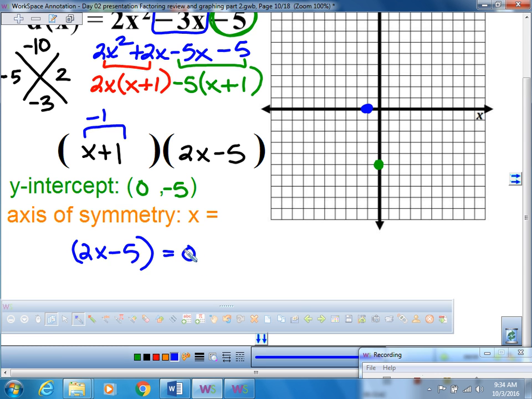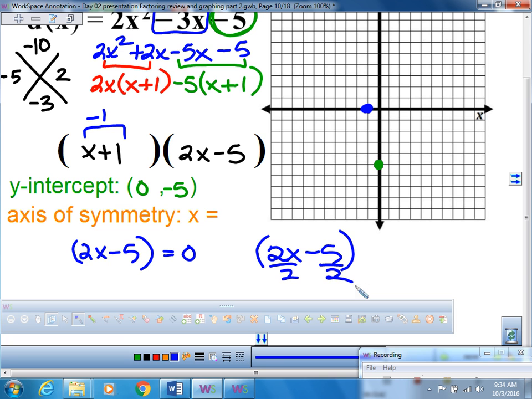Another way I could do it is factor out a 2, and then I have x, and then I'm like, I don't know how many 2's are in 5, right? That may not make sense to me. Or you can do it my way that I was saying originally, and just divide both of them by 2. It's 5 halves.